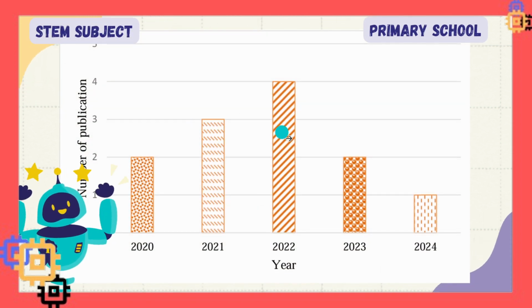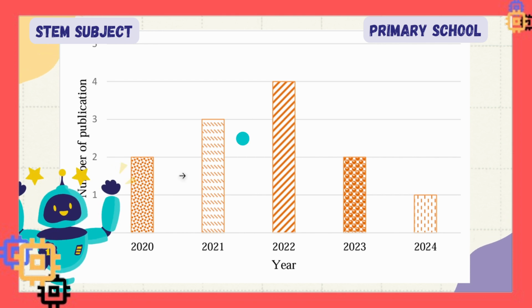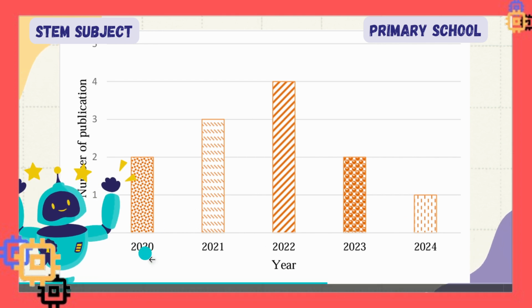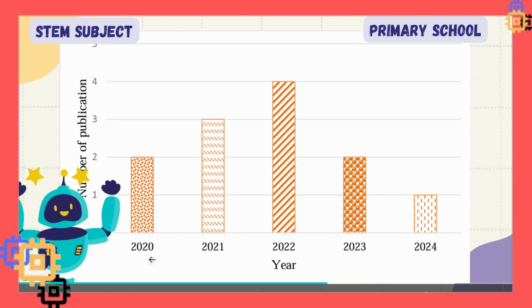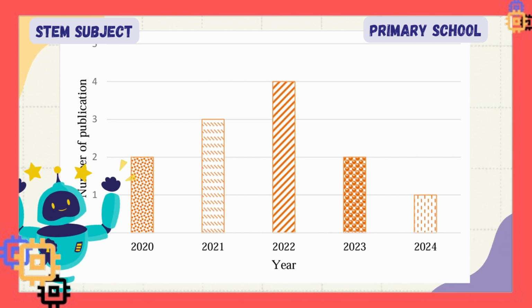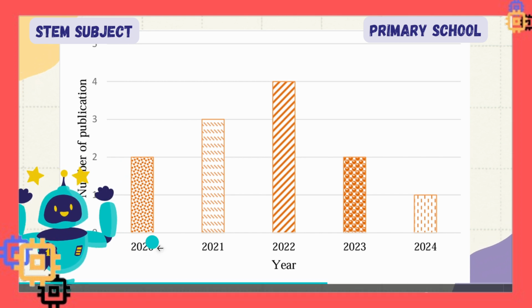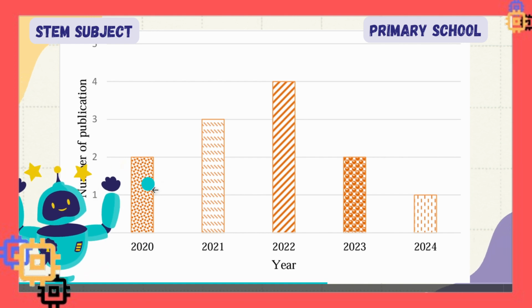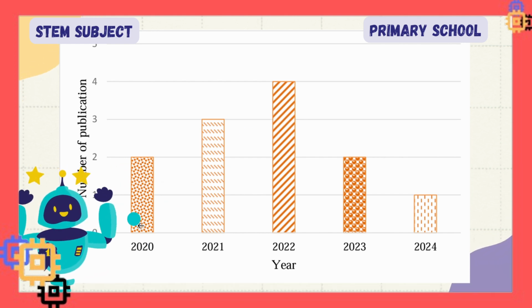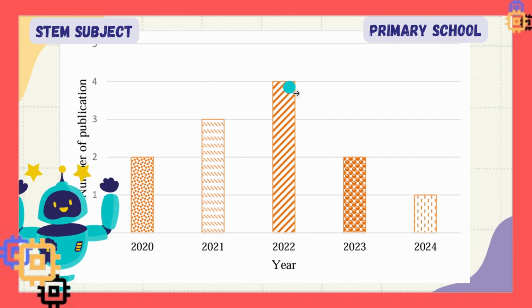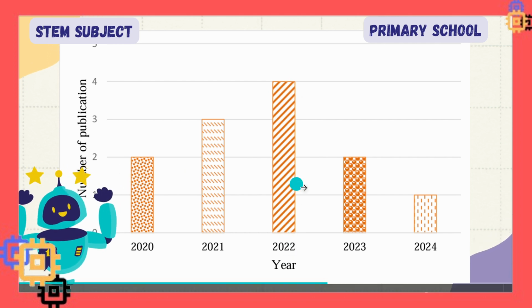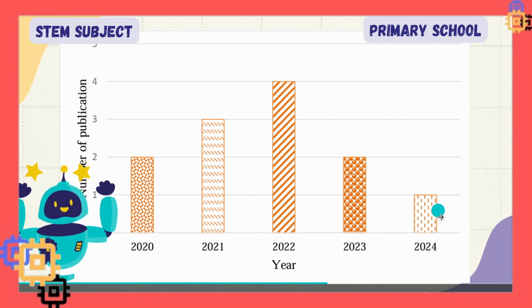Next, based on that research, I found that the start of micro:bit research in STEM subjects was 2020. It means that during COVID-19, and after that it increased until 2022, and now it has decreased.